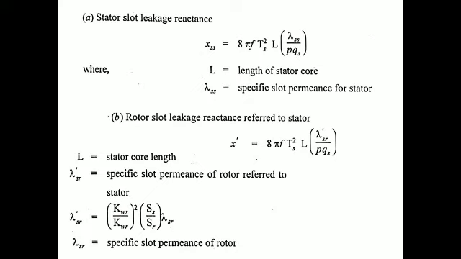Then the second one is the rotor slot leakage reactance, denoted as XSR dash. It is the same equation, and we have to change only lambda. For lambda, it is not SS, it is SR dash, so there is a separate equation. To find SR dash, we multiply with the winding factors to shift the rotor permeance to the stator. Lambda is a permeance.